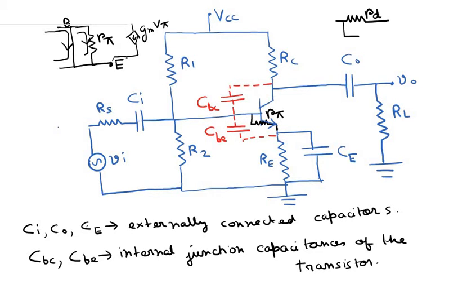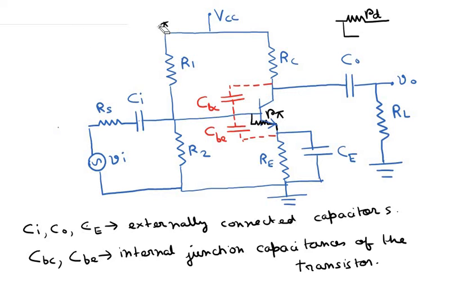Now you may ask why this capacitor should be considered to behave as an open circuit at the considered frequency, but the other capacitors like Ci, C0 and Ce are considered to be short circuits.